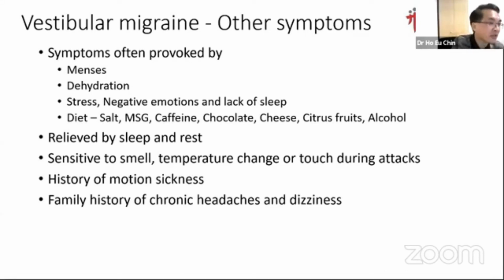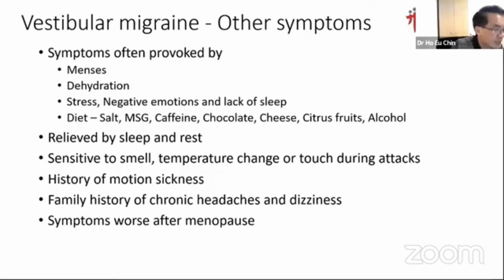And if you ask, they will also tell you that they have other family members, usually the mom or the sister, who have similar chronic headaches or chronic dizziness, or sometimes both. And usually they will not have a diagnosis either. They will have chronic vertigo, right? That's the sort of symptomatic diagnosis, not the disease diagnosis. Or they have chronic headache, or stress headache, exam headache.